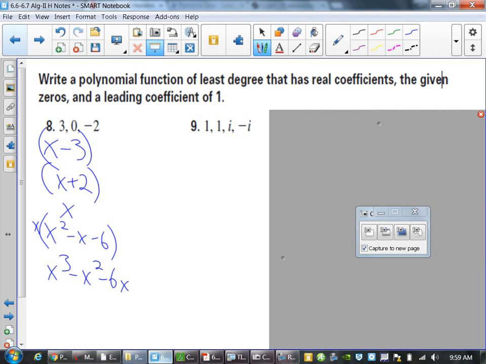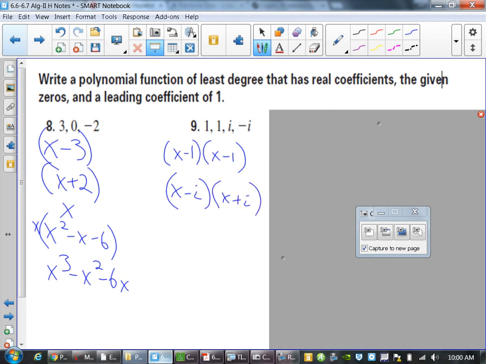We're going to do this kind of like the same idea here. When you have 1 as a 0, what's its term? X minus 1. But I have 2 of them, so I have x minus 1, x minus 1. Now I'm going to show you the long form of why this is going to work. We're still going to say it's x minus i and x plus i.